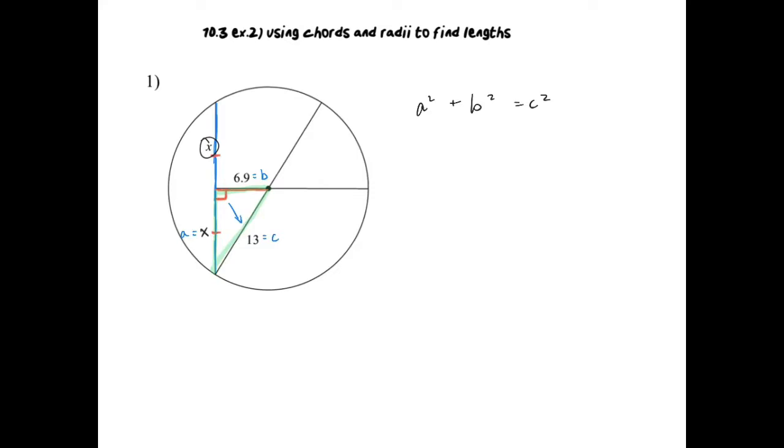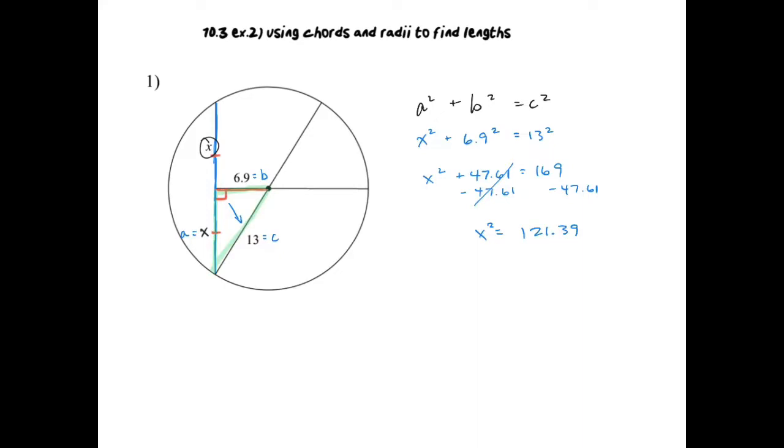So that is going to be x squared plus 6.9 squared equals 13 squared. I've got my handy dandy calculator with me, so I know that 6.9 squared is 47.61, and I need to subtract that so we can get x by itself. x squared equals 169 minus 47.61, which is 121.39.